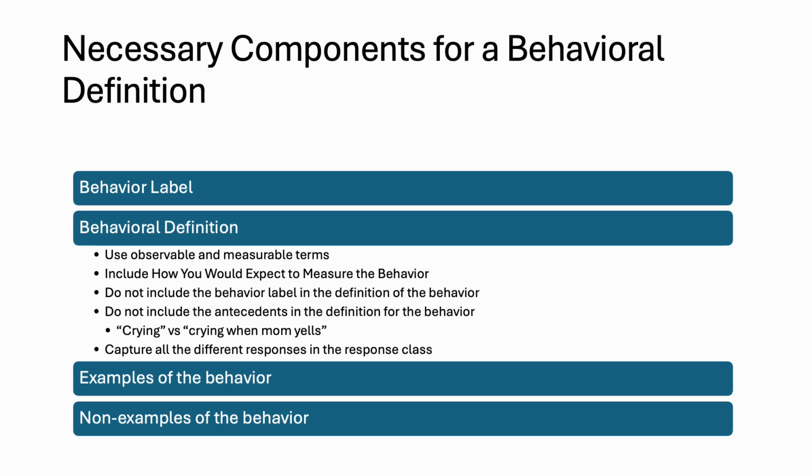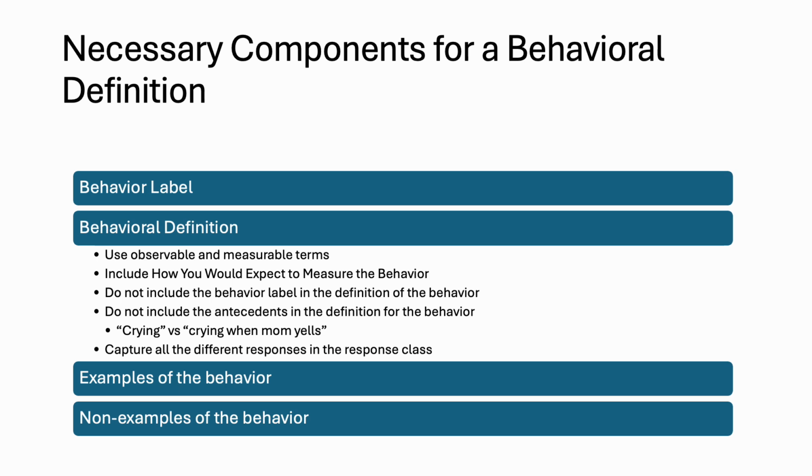So you want to have an exit criteria or a stop criteria so that the observer knows when to stop collecting data on that particular behavior, and also when to start collecting data again. So you need to have clear onset and offset criteria, I'm sorry, that's what we call it.